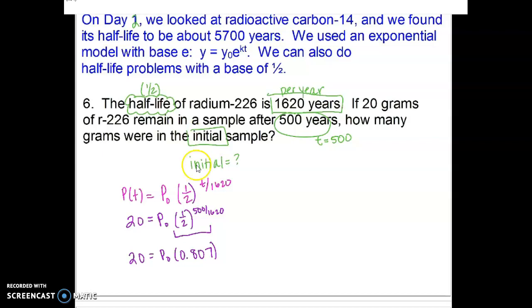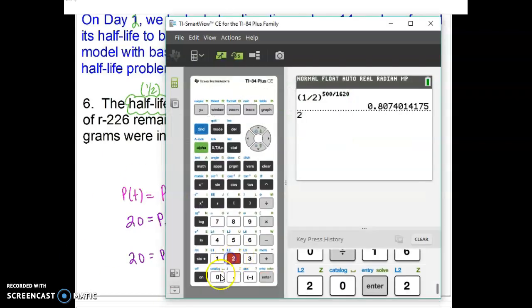So now I can just do 20 divided by that answer. We should get a final answer for our initial amount as 24.783. And that would just be grams.